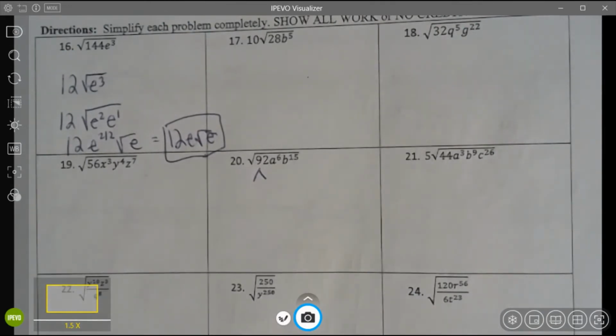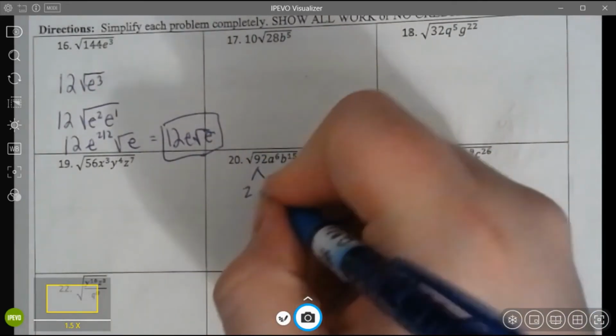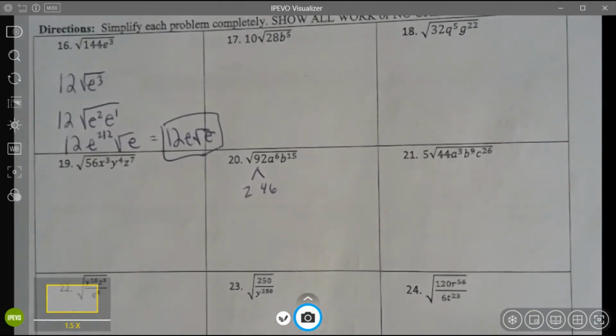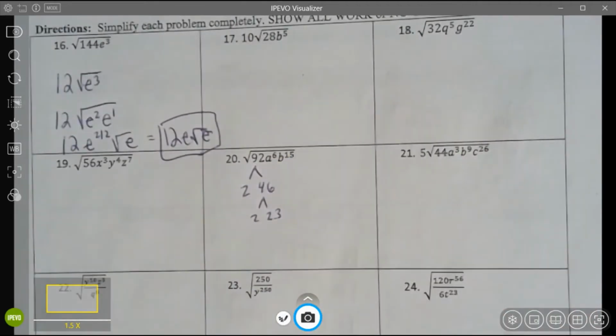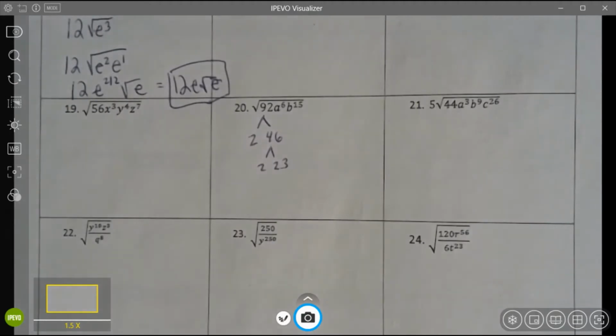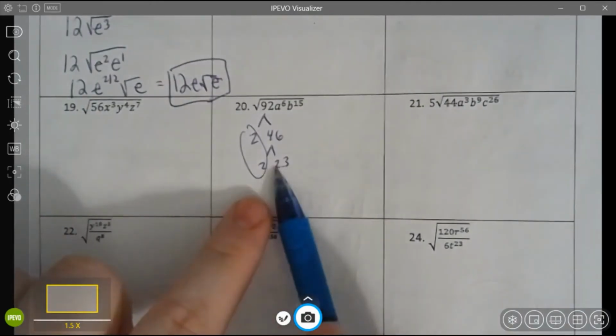So we can start off by dividing it by 2 because it's even. So 2 times 46. Well, 46 is also even, so we could divide that by 2. And we get 23. And then 23 is prime. So we can pull out a 2 and we'll be left with 23 underneath the square root.